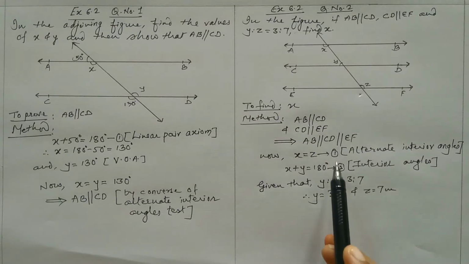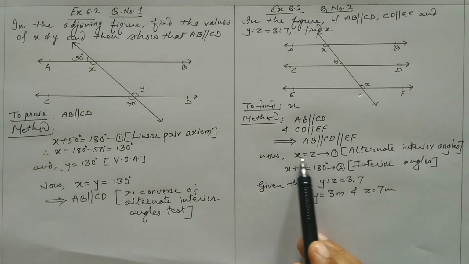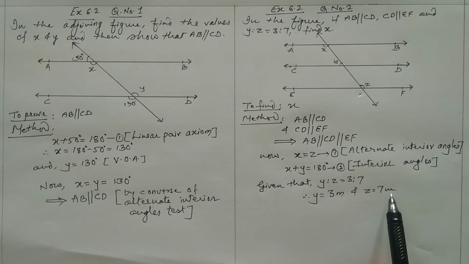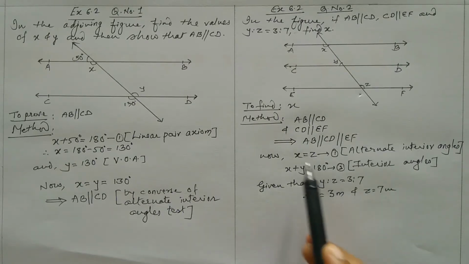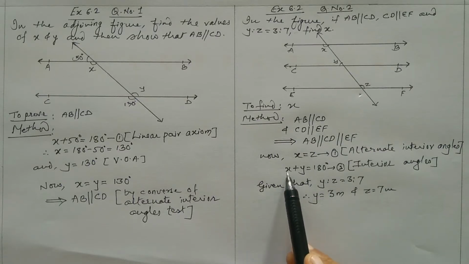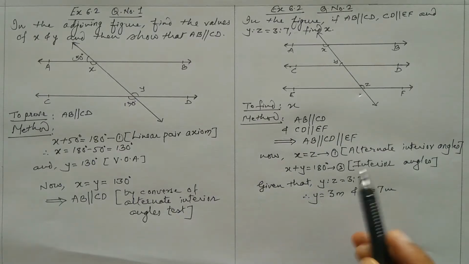Now see result number 1. What is result number 1? x is equal to z and we got z is equal to 7m. So here instead of x we can write z, and z is equal to 7m.